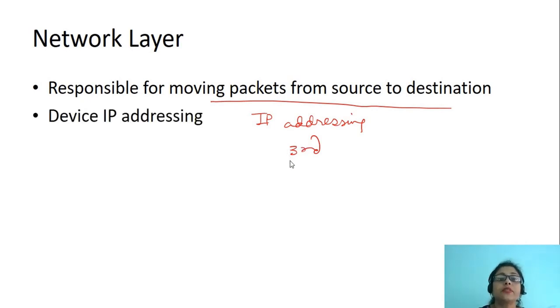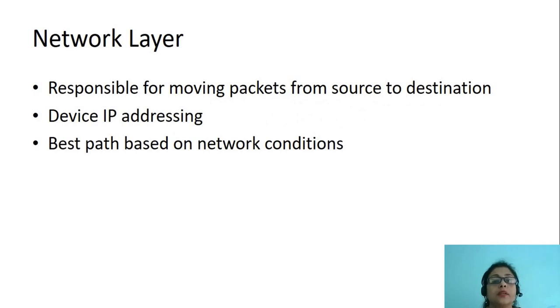Device IP addressing is mainly done based on whether we are using IP version 4 or IP version 6. Best path based on the network conditions is also determined here. So basically it also takes care of the routing techniques for passing the data through the nodes of the network.